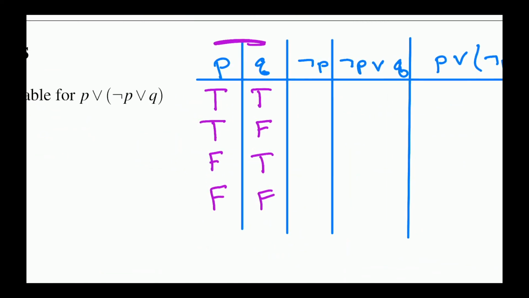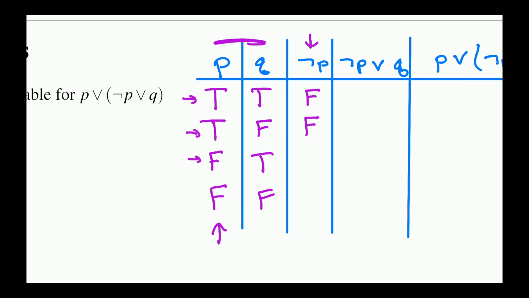Like this column is not P. How do you get the column not P? You look at the column for P and you just negate it. So if P is true, then not P would be false, right? And here, if P is true, then not P would be false.